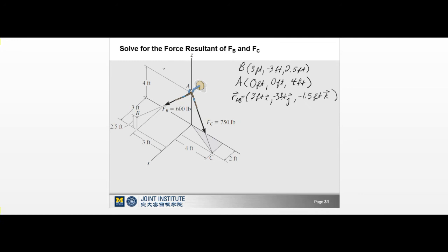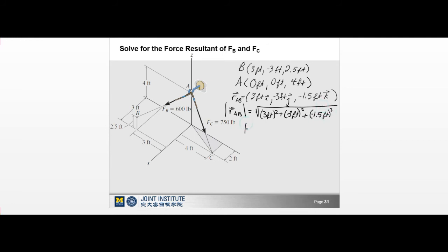So the next thing is we want to take the magnitude of RAB, which is equal to the square root of 3 feet squared plus -3 feet squared plus -1.5 feet squared.